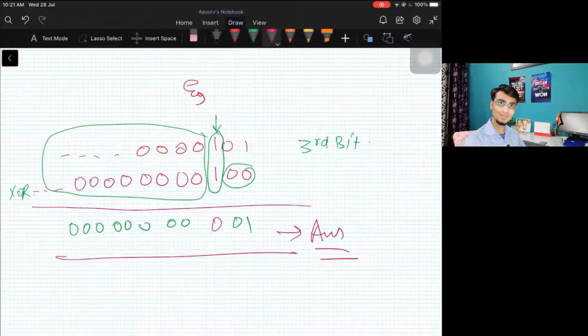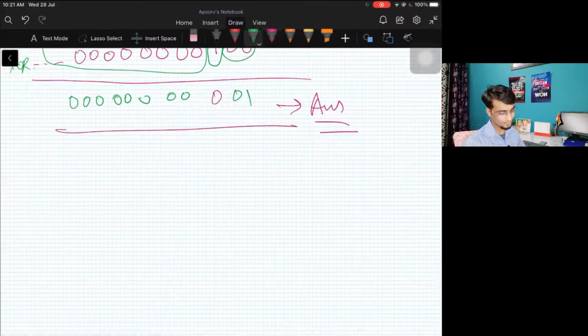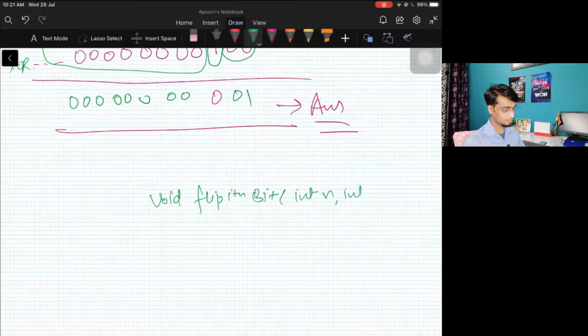How would this code look? This code will also look the same, only void flip ith bit, given is integer n, integer i. What we need to do is, n equals n XOR 1 left shifted i minus 1 times.